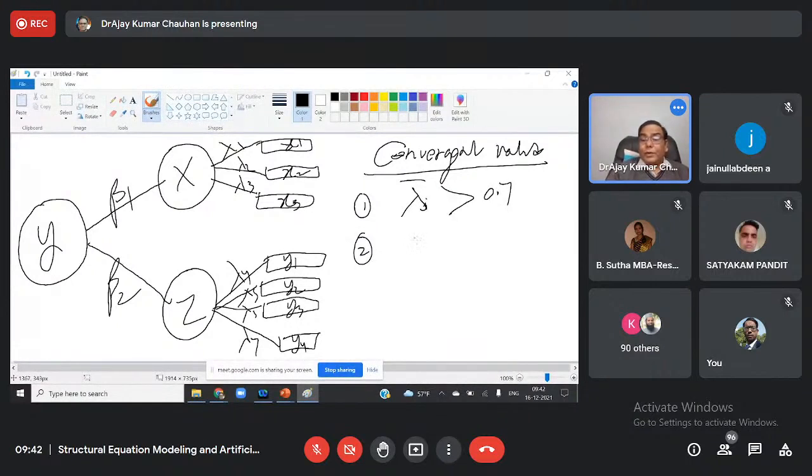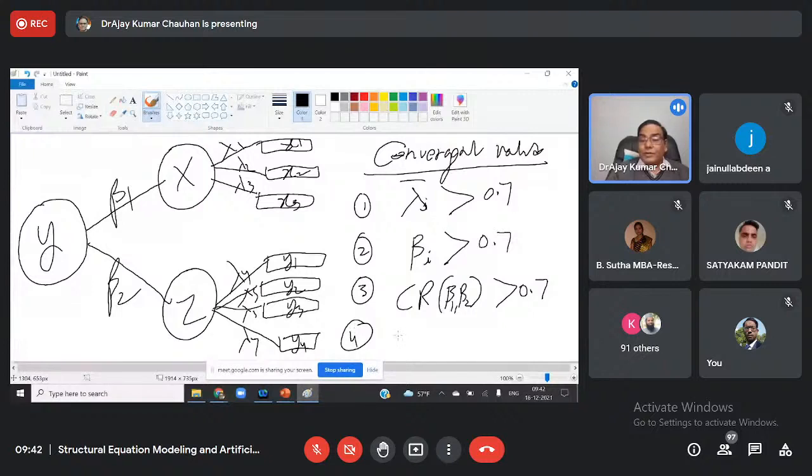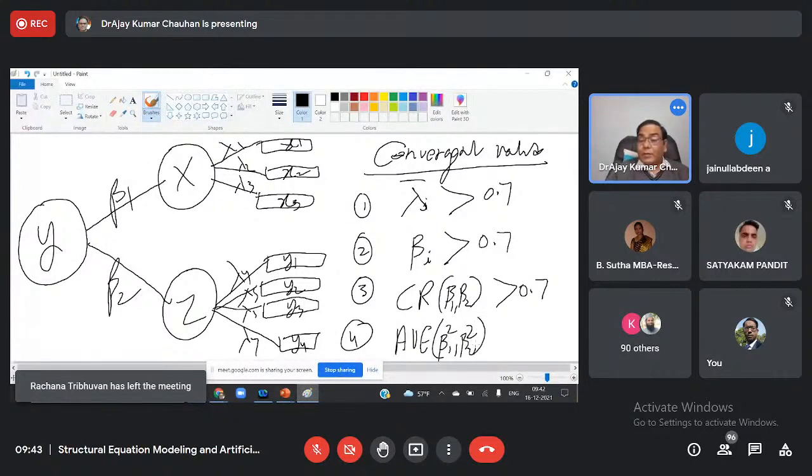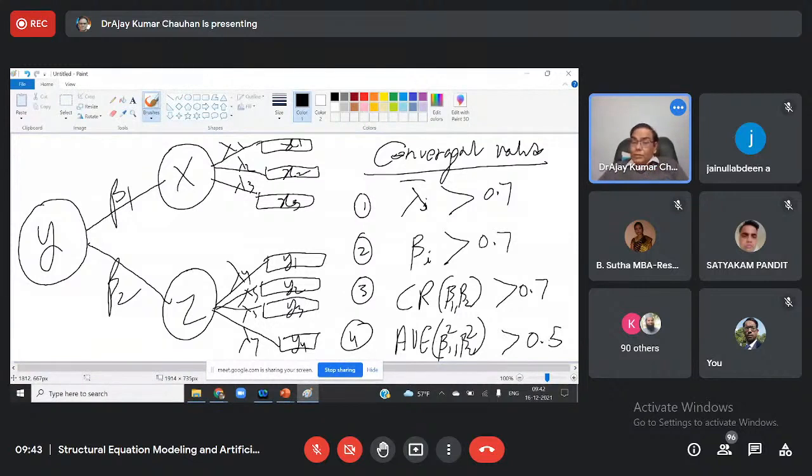Number 2, beta i should also be greater than 0.7. Number 3, CR, which here depends upon beta 1 and beta 2, not lambda, should be greater than 0.7. And fourth condition, the average variance extracted, which also depends upon beta 1 square and beta 2 square, should be greater than 0.5. So this is the condition for the convergent validity of a second order construct.